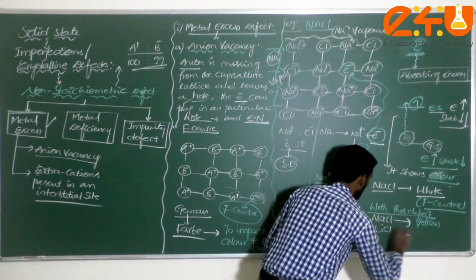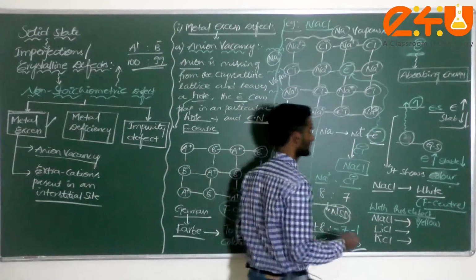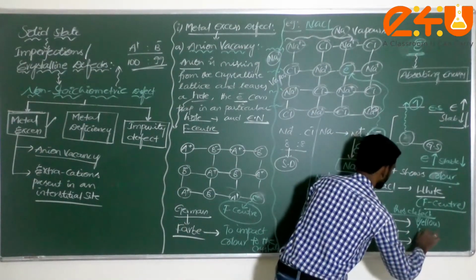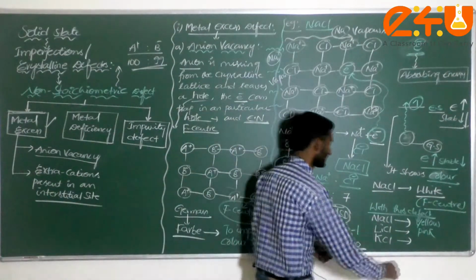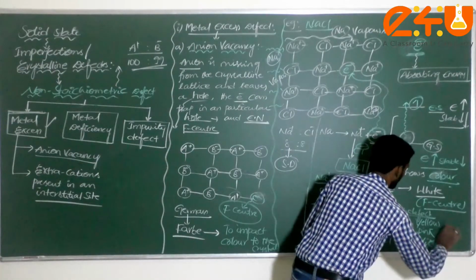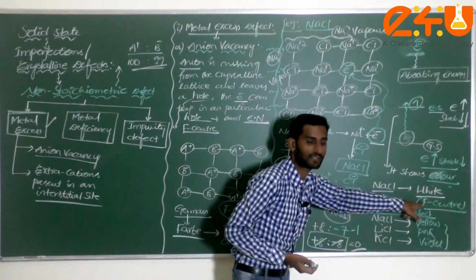Like this compound, LiCl is there. Next one, dear student, KCl is there. LiCl, if you consider, this is lithium chloride, pink color. Next one, KCl, if you take it here, this is violet color. Violet color, students, due to the presence of F center.